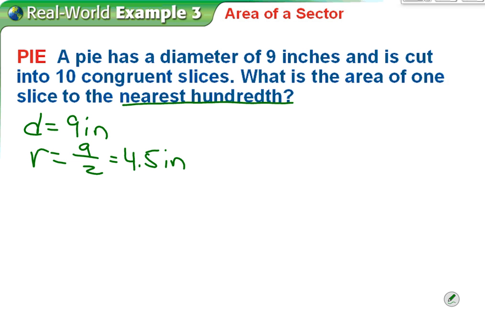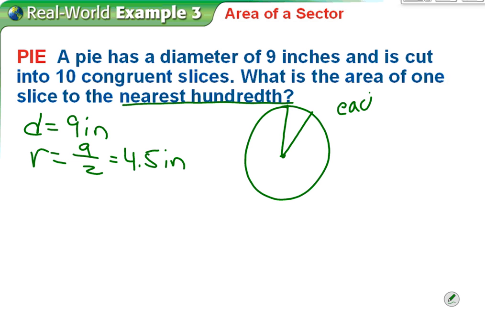Now, I think you'll find something that happens in this particular case, but I will always do this in terms of the central angle. So without drawing 10 pieces, I'll just draw one piece, whatever that looks like. I'm getting 10 congruent slices, so I know that all the way around the circle is 360 degrees.